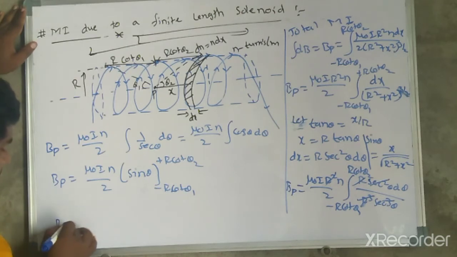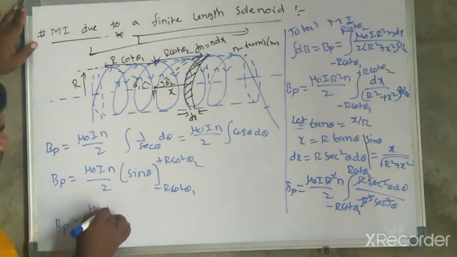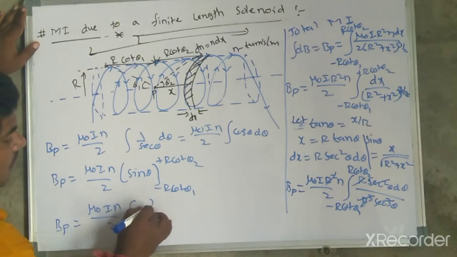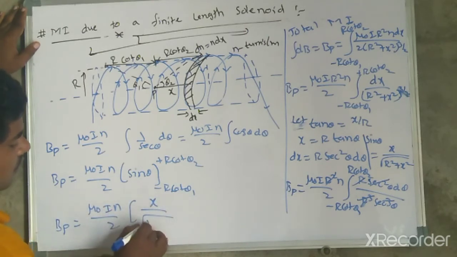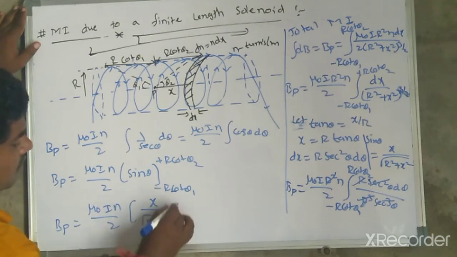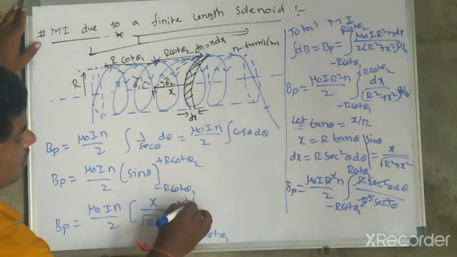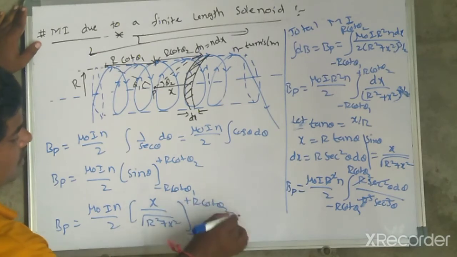Sin theta is nothing but x by that value, substitute here. dB is equal to mu naught I n divided by 2 into x divided by root of r square plus x square, with limits minus r cot theta 1 to plus r cot theta 2.